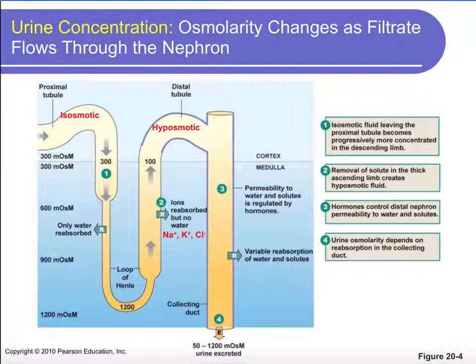So the osmolarity of the urine that we excrete from the body will range from as low as 50 milliosmoles to as high as 1200 milliosmoles. So the 50 milliosmol urine would look clear, like water. The 1200 milliosmol urine will be very dark. So this is when your urine is really, really dark yellow.